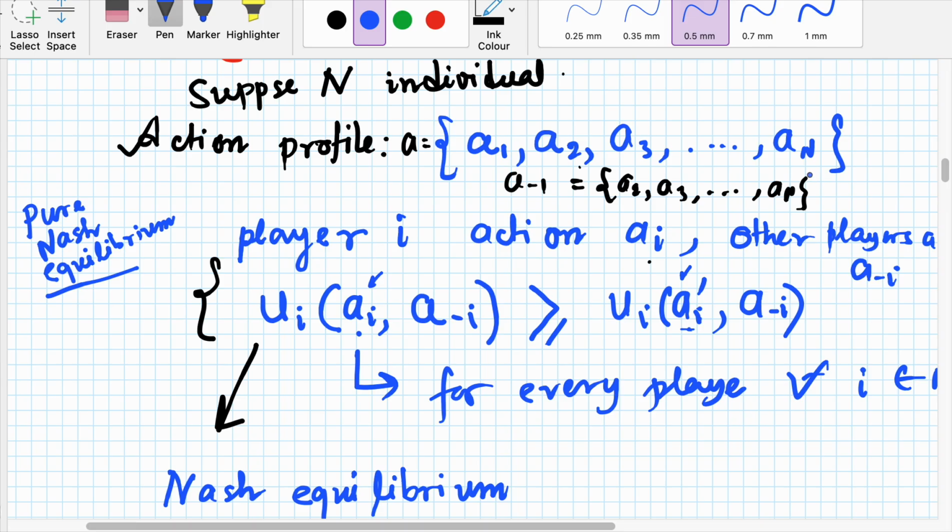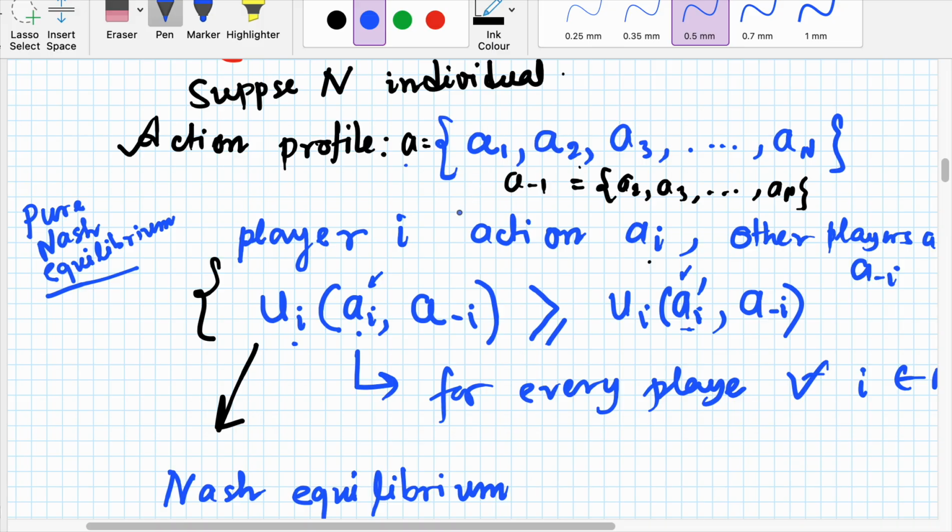Suppose there are n players present in a strategic interaction, so Nash equilibrium is an action profile that associates an action with every player such that, in terms of utility, every player's utility is optimal in this action profile, given that other players stick to their actions.